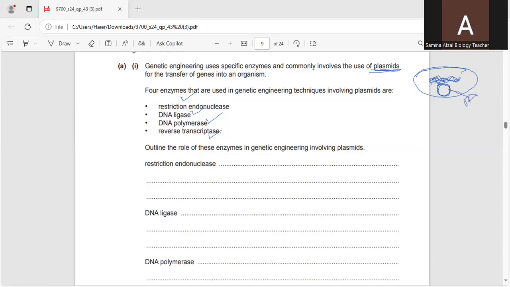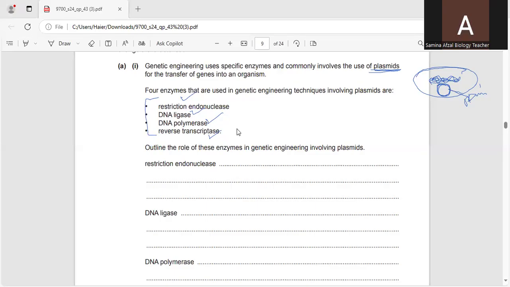So in genetic engineering, bacteria play a vital role. They act as a vector because they have plasmids. During this process of transfer of genes into an organism, four different types of enzymes are involved, and we outline the role of these enzymes.